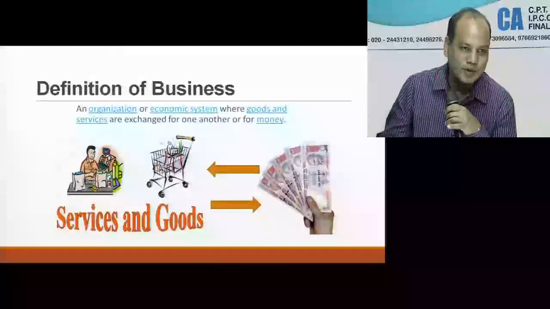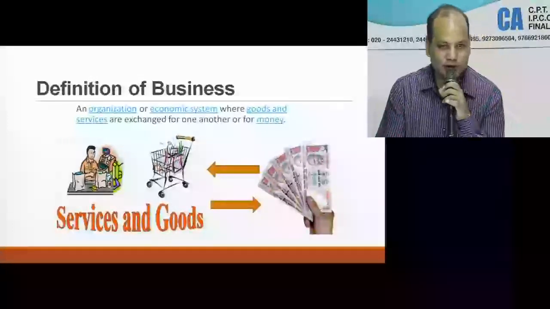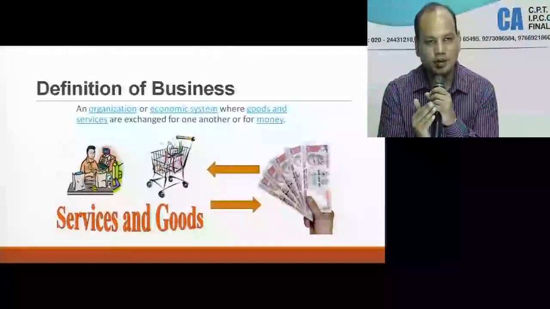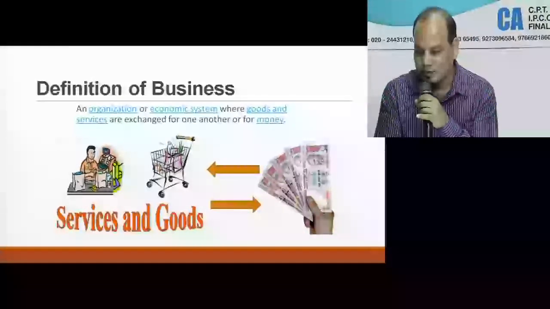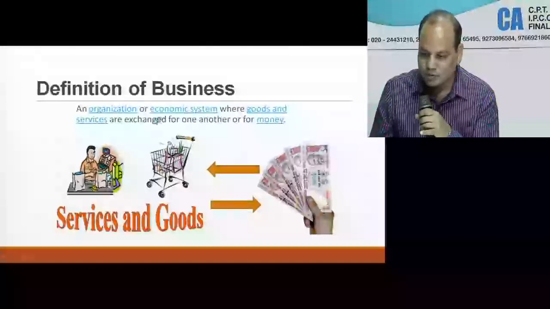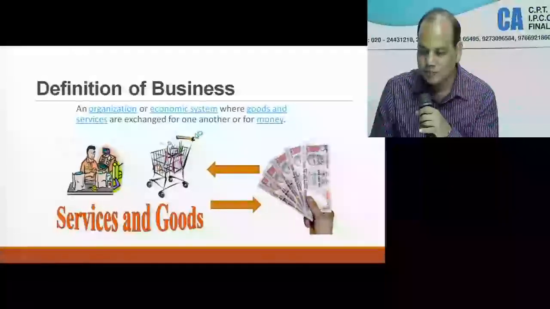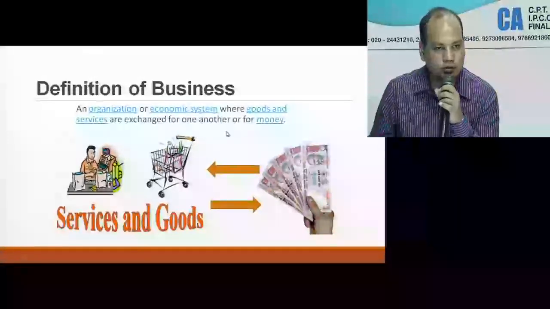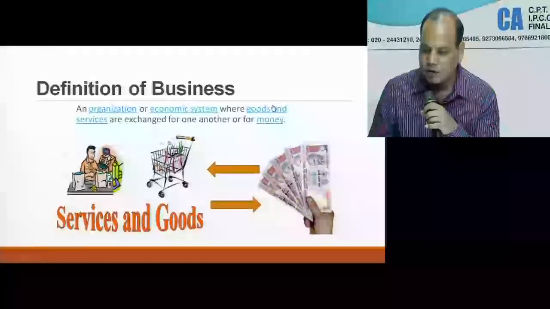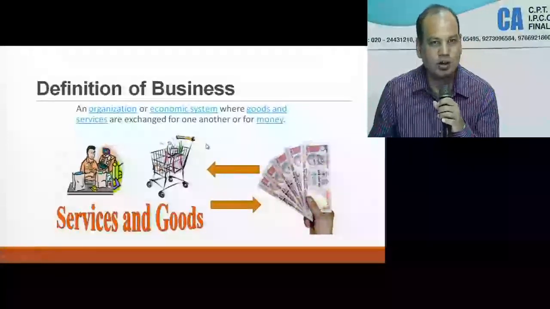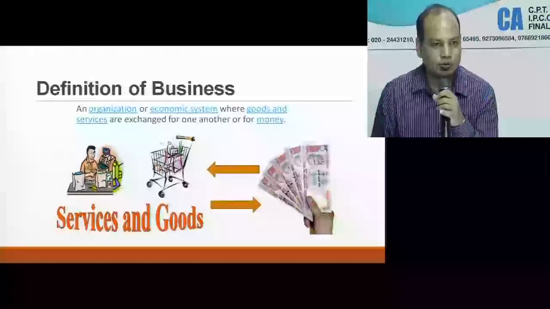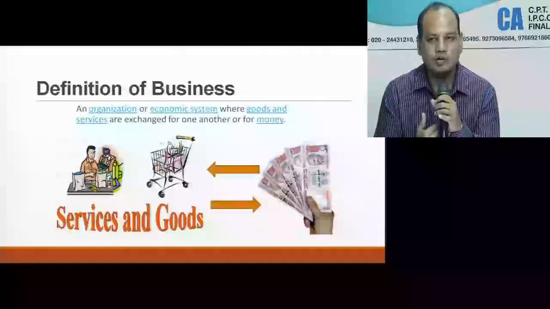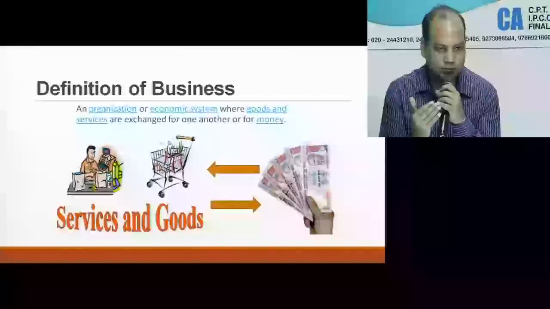There is a binding press where the book was bound. Okay, so that is an economic system. So many processes, when they come together, a business is generated. Okay, so a business means an organization or economic system where goods and services are exchanged for one another for money. So in business generally there is an exchange of goods and service. Imagine any business, either we are exchanging goods or we are exchanging service, and we are getting money or something in money's worth in return. Is it right?